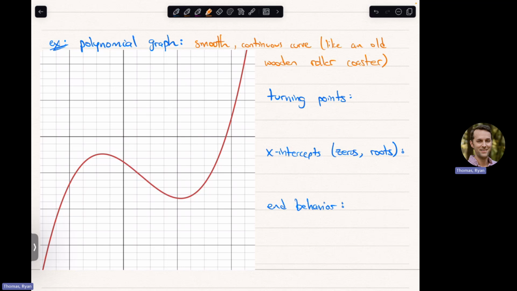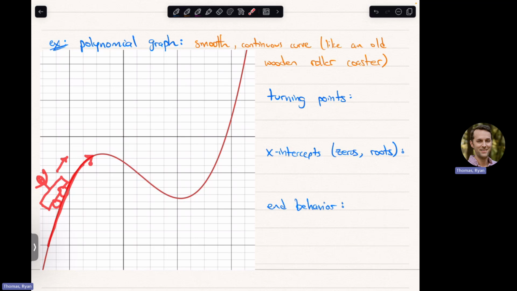Okay, so what these terms mean: turning points are places where the graph changes direction. So if we are, again, thinking about this like a roller coaster track, and we're moving along this track from forever until we get to here-ish, we're headed up, right?